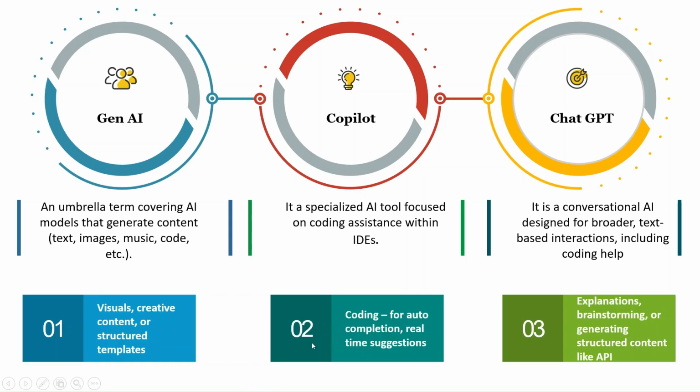On Copilot, usually we call it GitHub Copilot. It is a specialized AI tool focused on coding assistance within integrated development environments, or IDEs. When you are actively coding, you may get real-time suggestions for the functions or the program that you are working on.